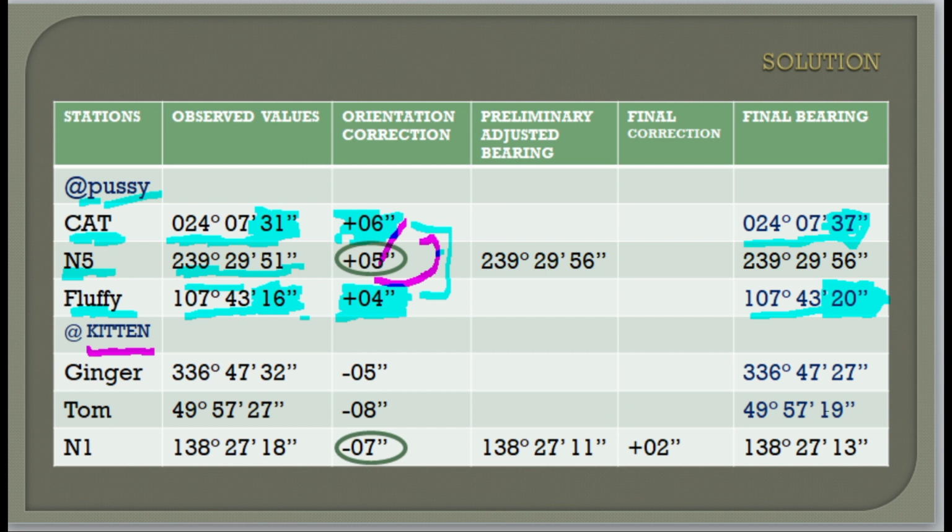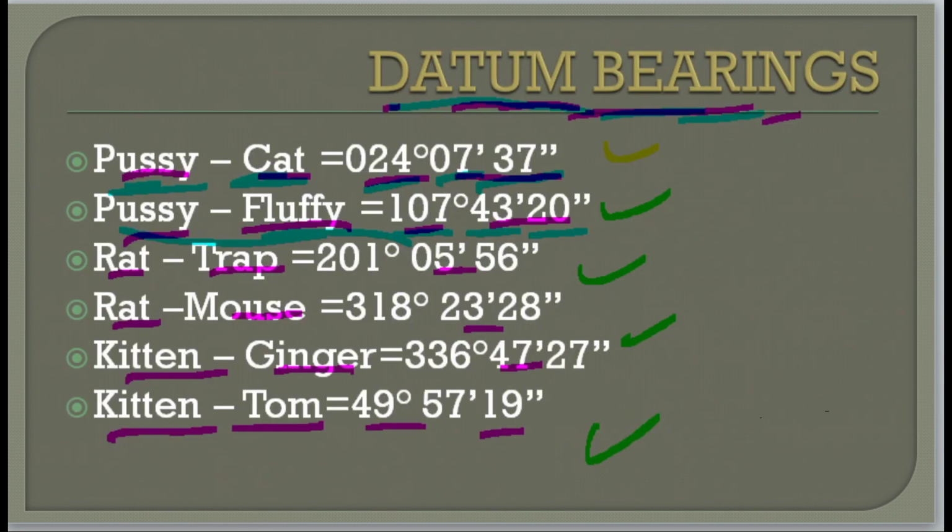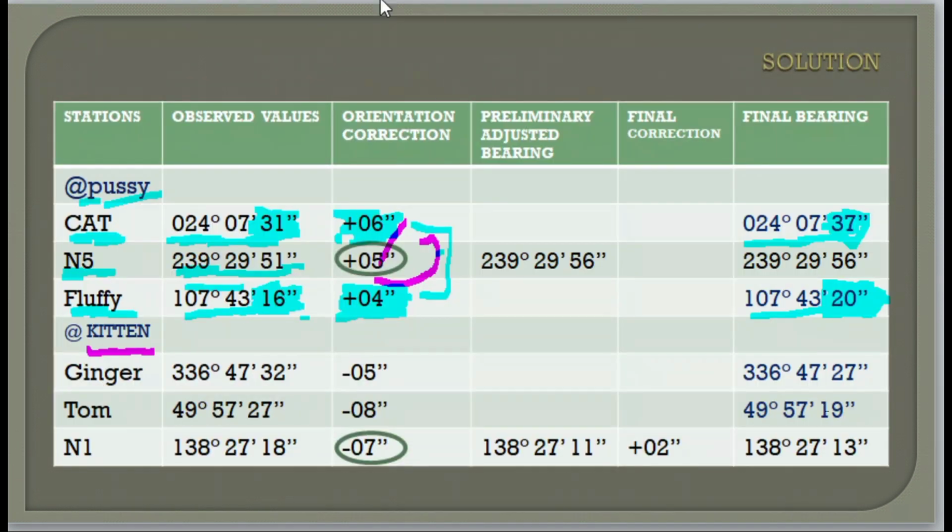Then earlier we had been given the datum bearings from the kitten to ginger and from the kitten to Tom. Our datum bearings are the correct bearings that we are supposed to find from the field notes. So these are the data that we are going to apply on the final bearing column provided to us.